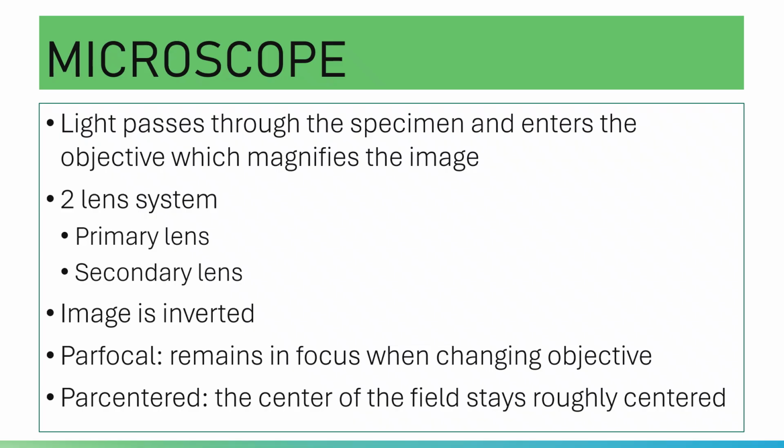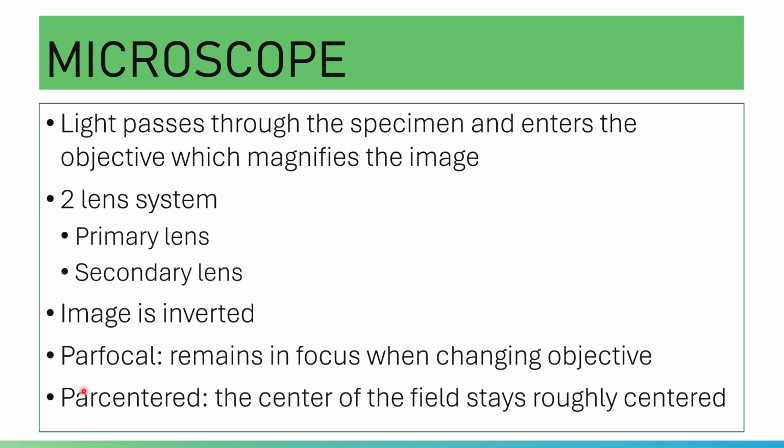Okay, so let's define some terms here. You have your parfocal. Parfocal is a characteristic of a microscope wherein the image remains in focus when changing objective.